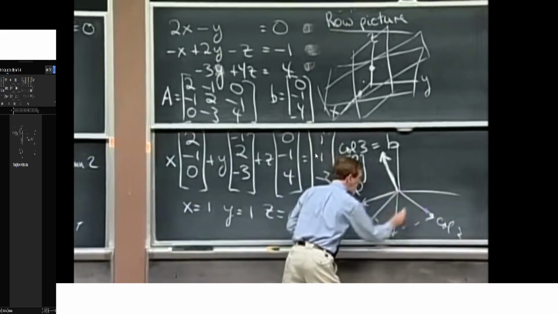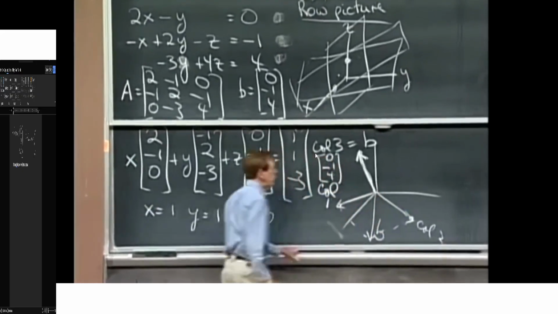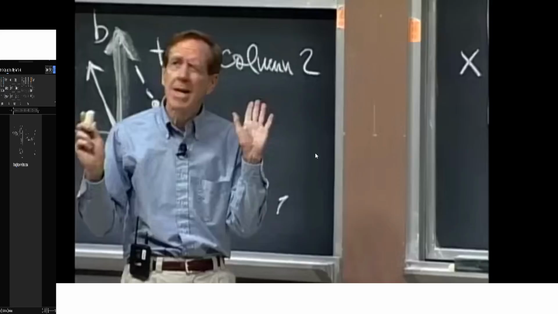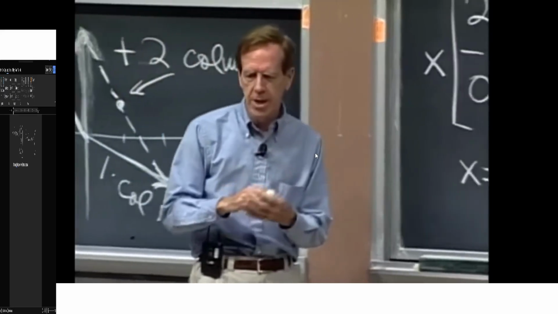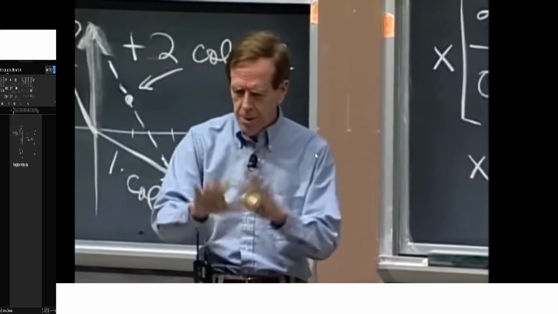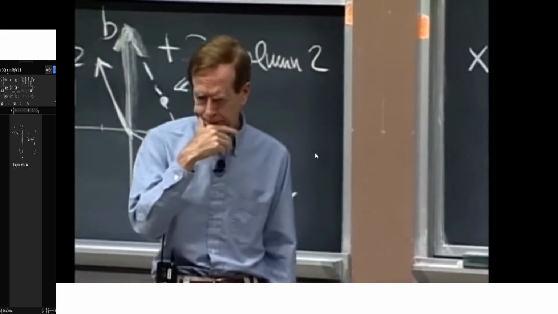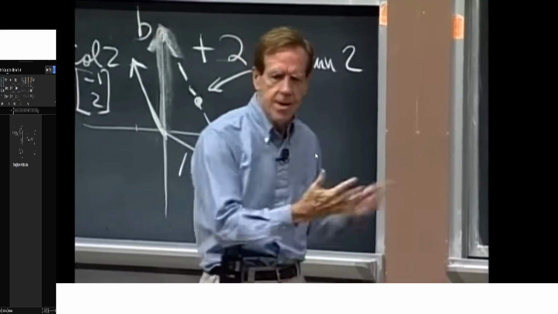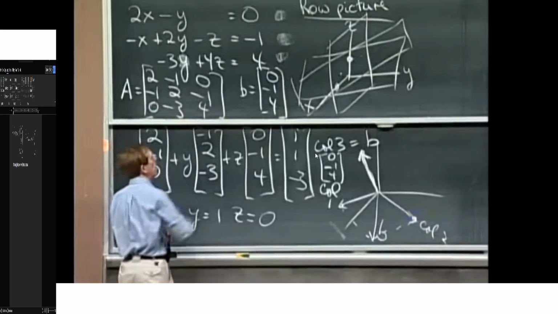One of this and one of this would give me the new B. Okay, so that's like we squeezed in an extra example. But now think about all B's, all right-hand sides. Can I solve these equations for every right-hand side?